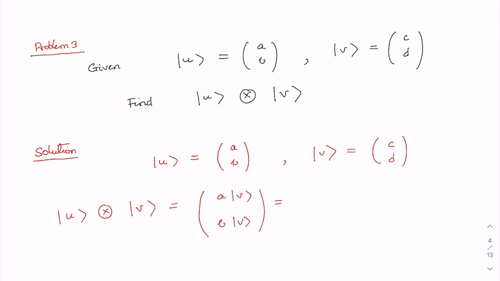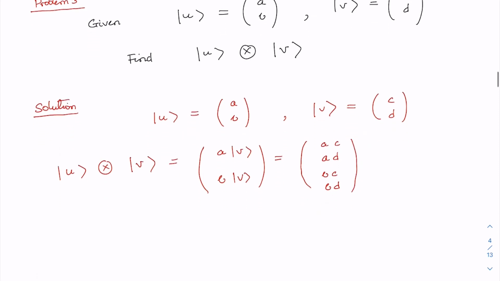So if I write the ket vector v as well here, then I will have ac, ad, bc, bd. So this is the tensor product.